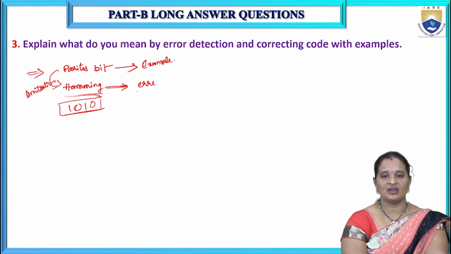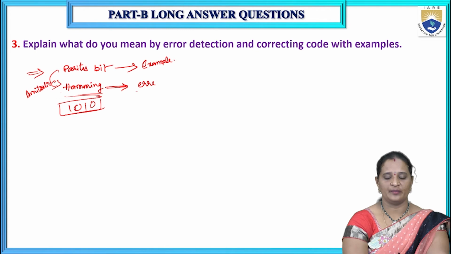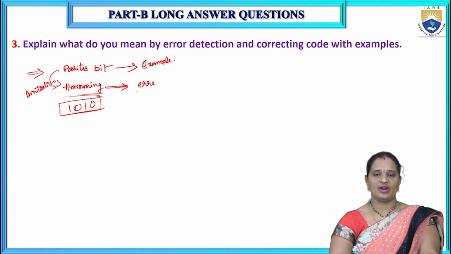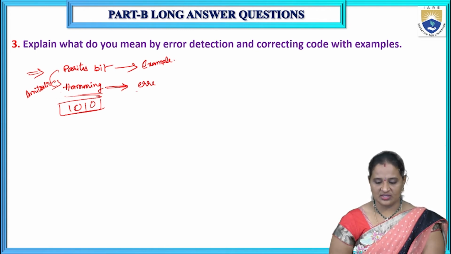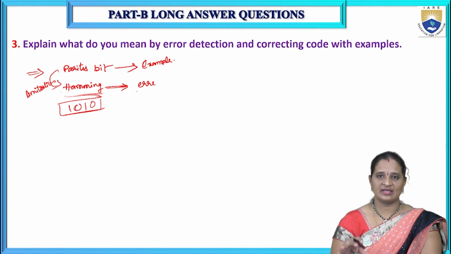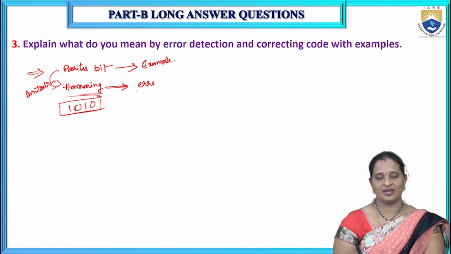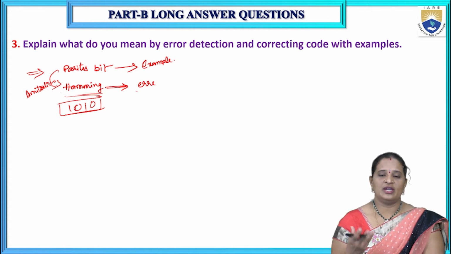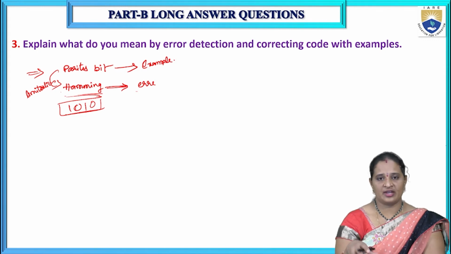And it can correct single bit errors only. So this you have to write. This is the way you can answer this question. Take some example and explain how the parity bit is used to detect the error, how to generate Hamming code, and how the Hamming code is used to detect the error.